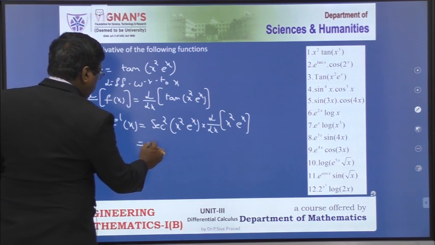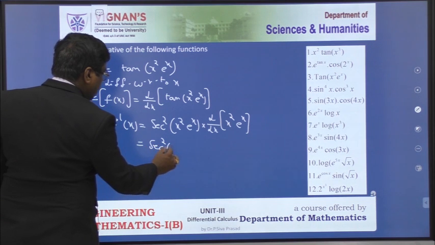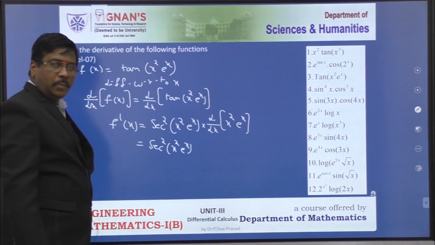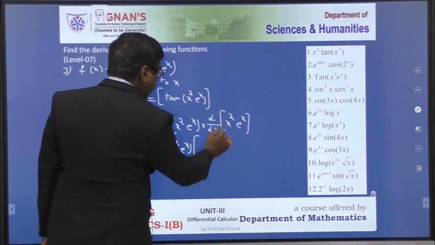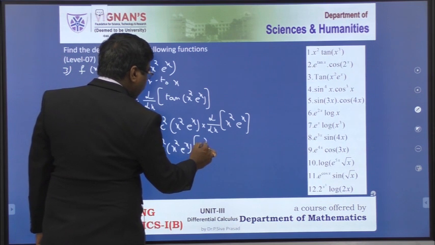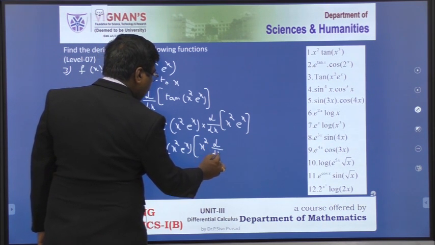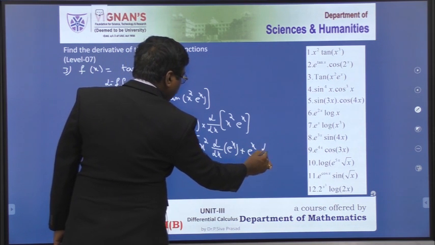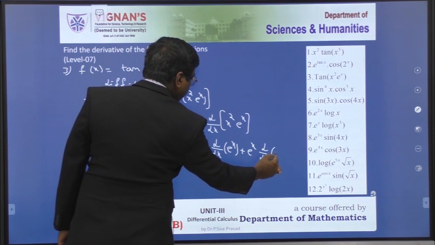Now this is equal to secant square of x square into e power x into x square into e power x into d by dx of x square into e power x. I have to apply the UV formula for performing the derivative of this function. That is x square into d by dx of e power x plus e power x into d by dx of x square.